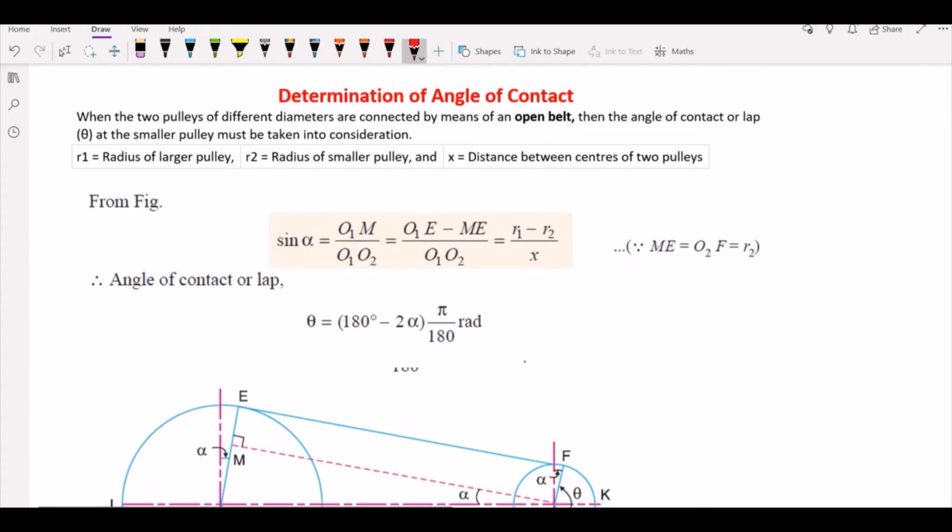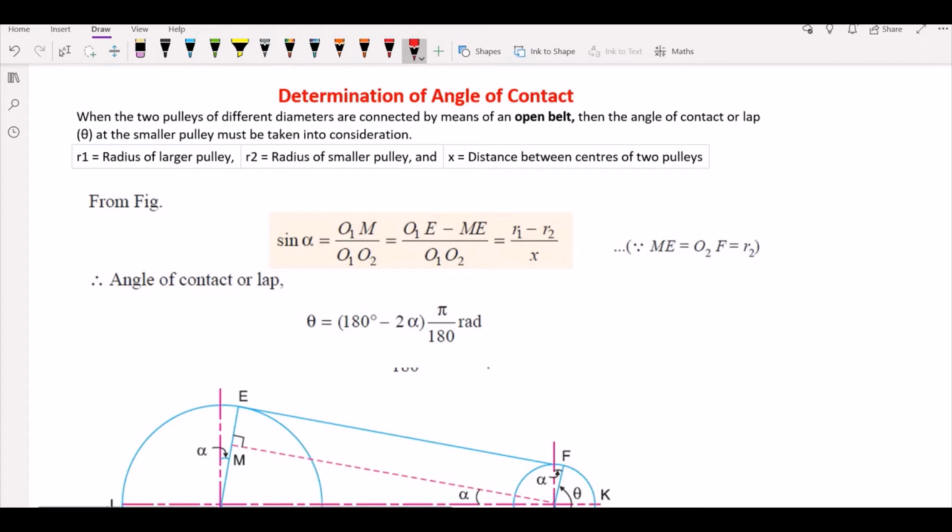In the previous case of your open belt and cross belt, we have gone through the derivation part for the calculation of length, where we need to know the alpha. How we have calculated the beta over there, by considering the lengths, by considering the parallel triangle, and then simple substitution, I got sin beta as (D minus small d) by 2C.